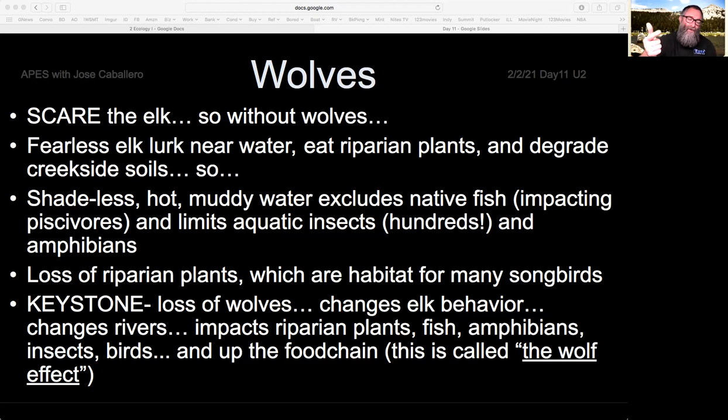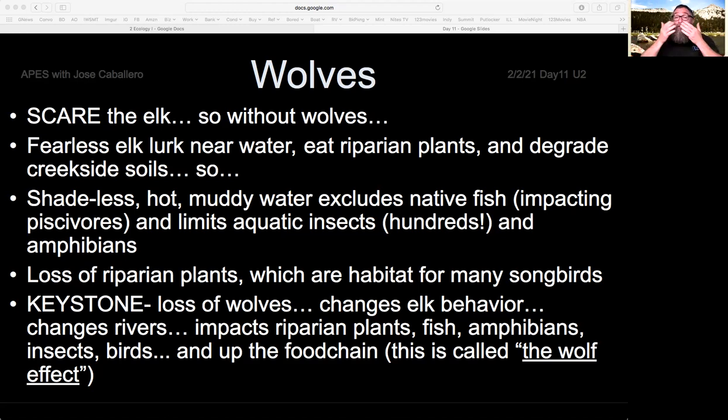All species of fish are more common. All kinds of songbirds are more common and predatory birds are more common. There's more small mammals. There's more amphibians because they've got more food in the river. Like the entire park has greater diversity. It's more productive.